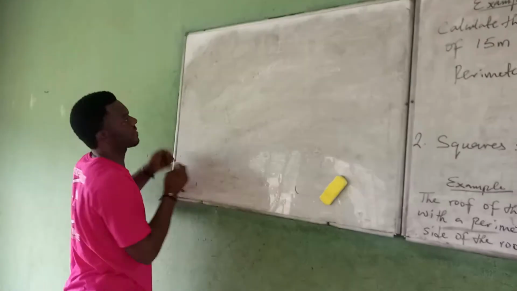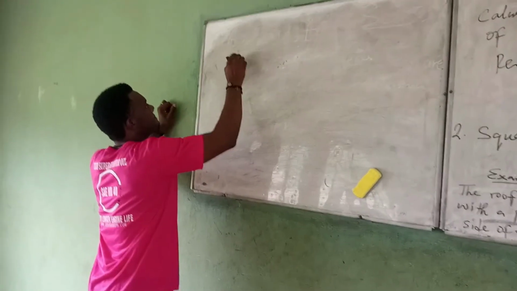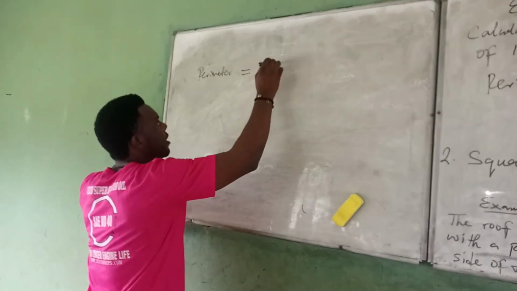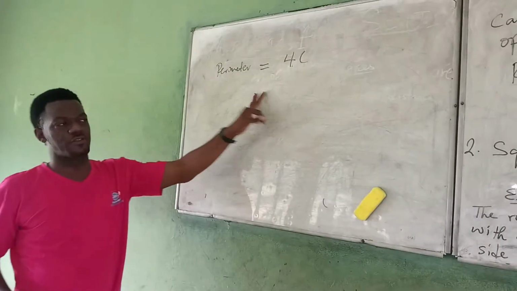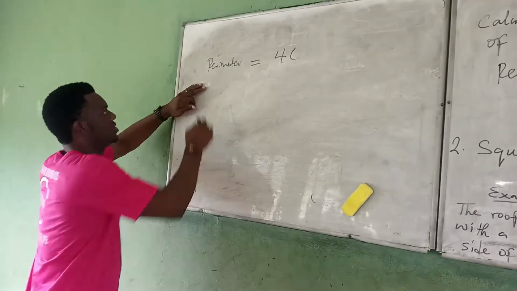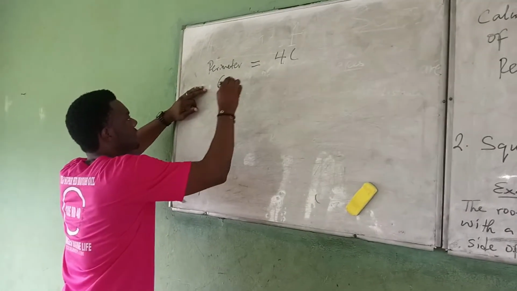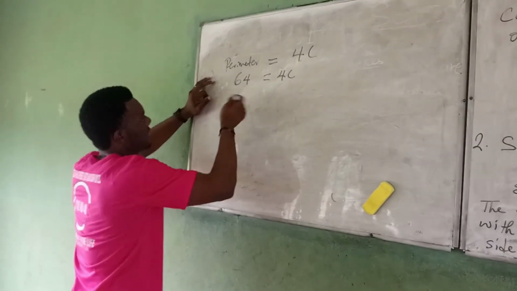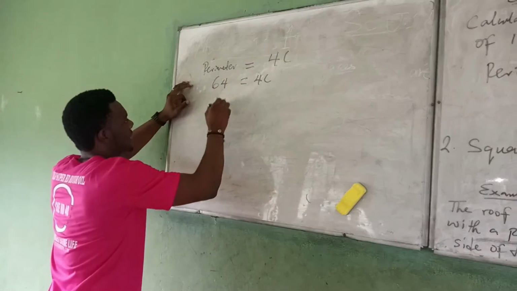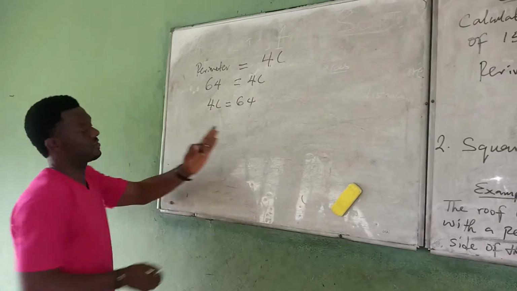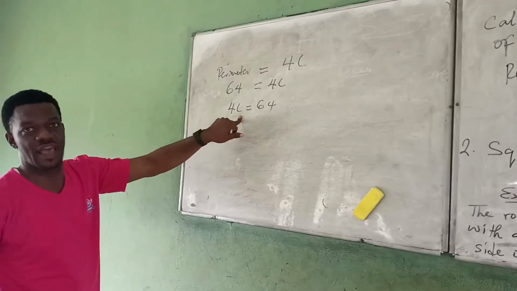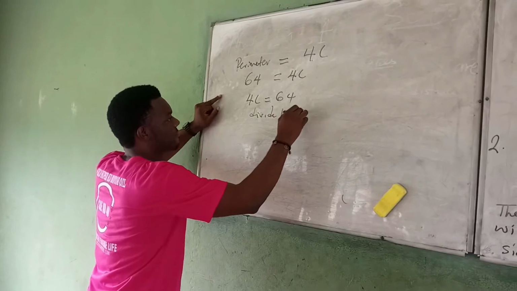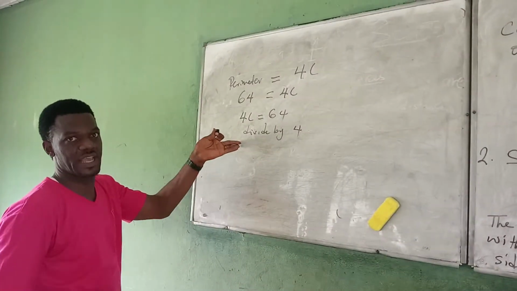Now, in order to work this out, the perimeter of a square is equal to 4L. This L stands for length. You have been given the perimeter, which is 64, so 64 is equal to 4L. In mathematics, you can also say 4L is equal to 64. They are just the same. So you divide both sides by 4 in order to make L the subject of the formula.